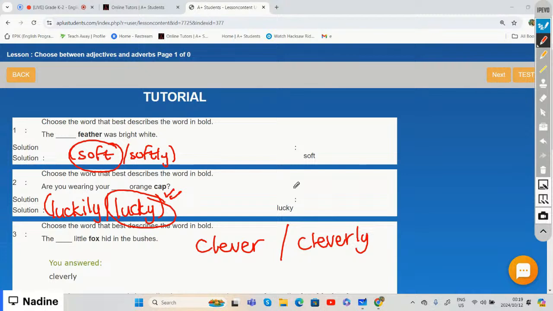So the clever or cleverly? So do we say the clever little fox hid in the bushes, or the cleverly little fox hid in the bushes?